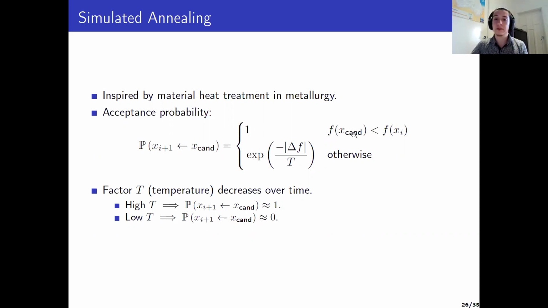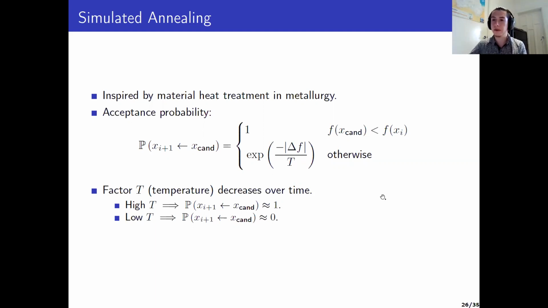However, if the function evaluated at the candidate is worse than the function evaluated at current iterate, then we choose it depending on a probability that's shown here. It's an exponential where the exponent is proportional to delta f, the difference between the evaluations of the objective function, and is inversely proportional to a factor t, which represents temperature, and that decreases over time.